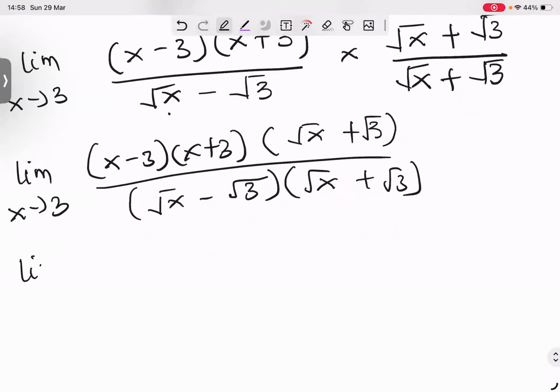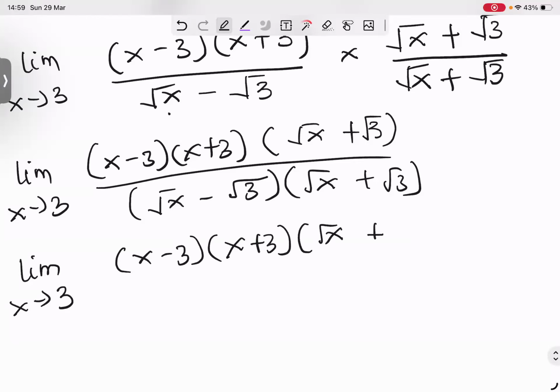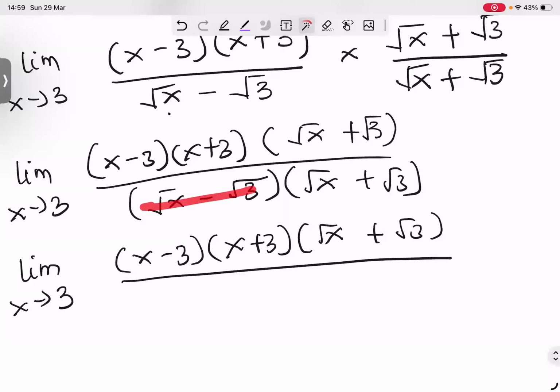And so the only part that we are going to touch is the denominator. I'm going to maintain my numerator as x minus 3, x plus 3 times square root of x plus square root of 3, divided by, multiply what is inside this bracket by what is inside this bracket.